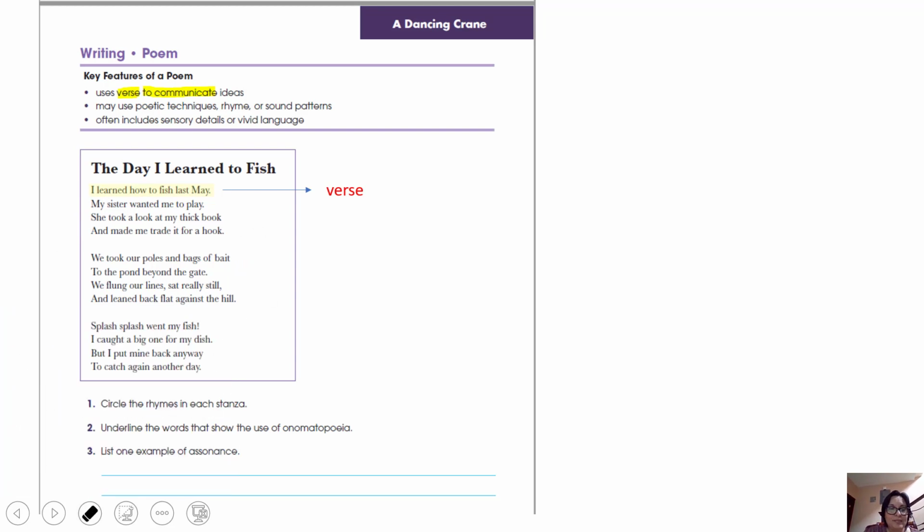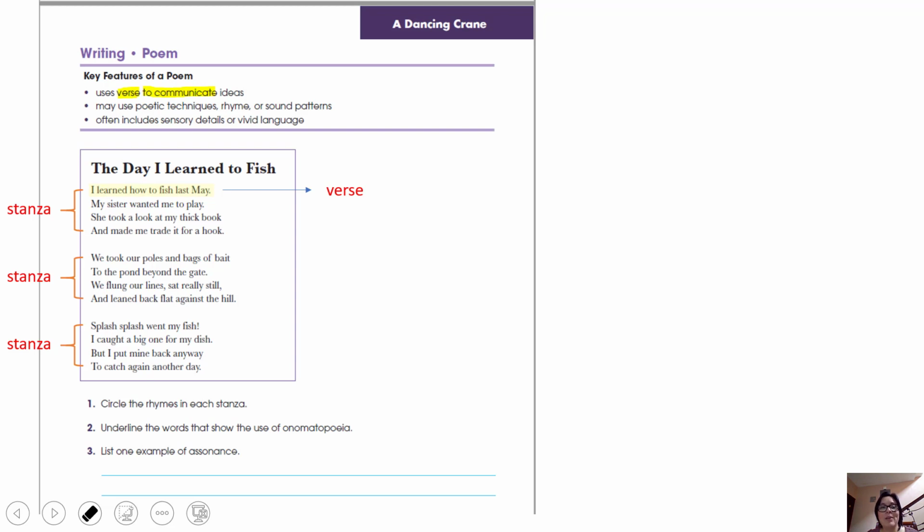Now, guys, this group of verses make one stanza. And here we have another stanza. And here we have another stanza. So in the first stanza, how many verses do you have? 4, right?